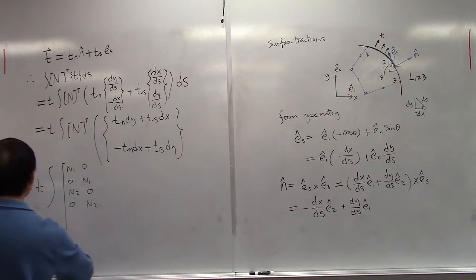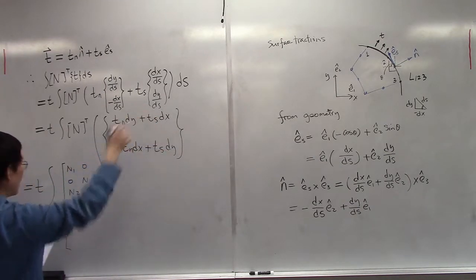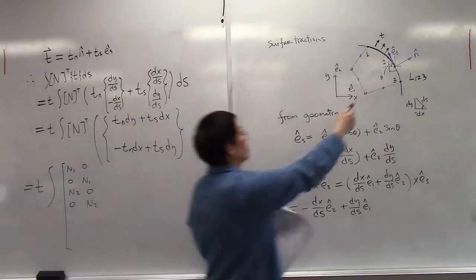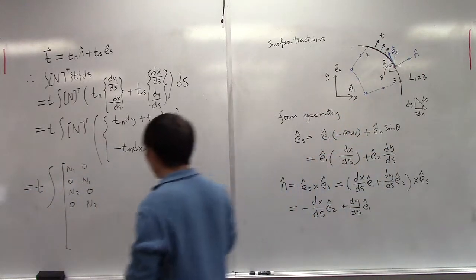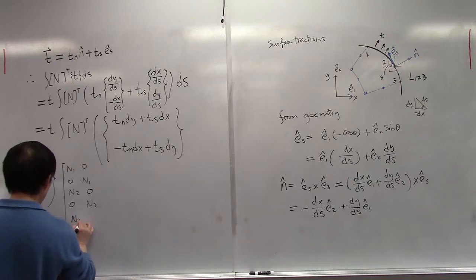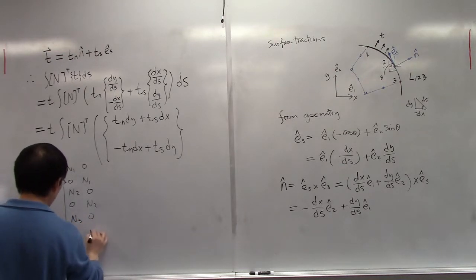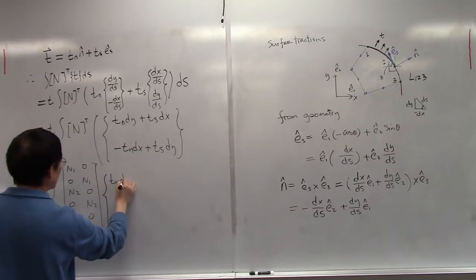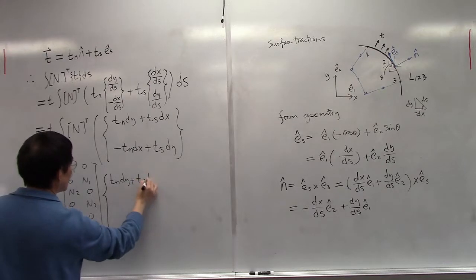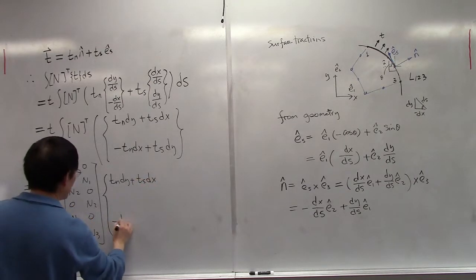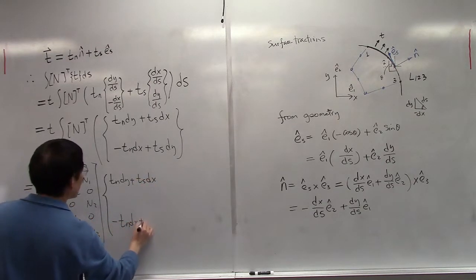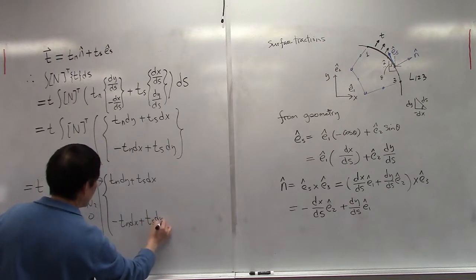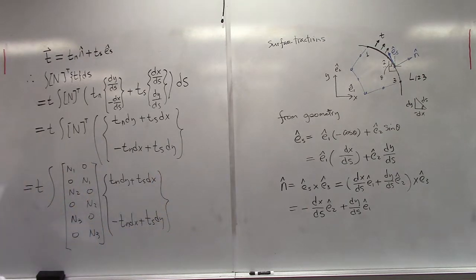We are talking about that section. It only has 3 nodes. So it's n3, 0, 0, n3. And then times this, which has Tn dy plus Ts dx, minus Tn dx plus Ts dy.